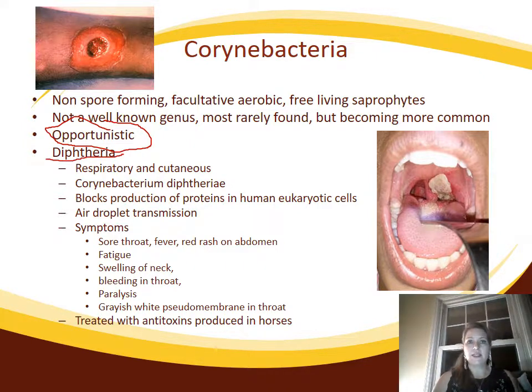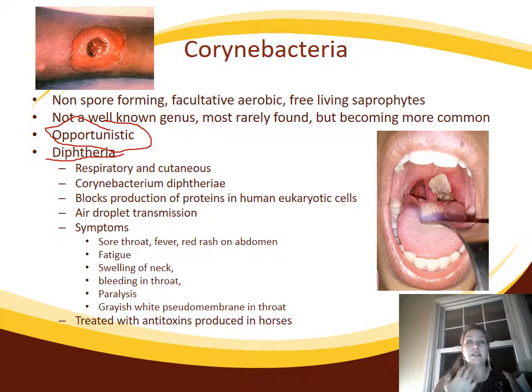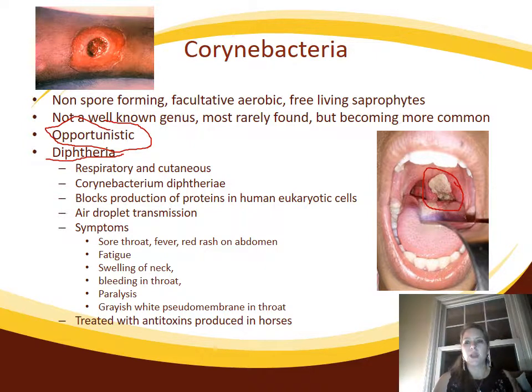And what diphtheria is, it's respiratory and cutaneous, blocks the production of proteins in human eukaryotic cells, and it's spread through droplet transmission. Symptoms are going to be sore throat, fever, red rash on abdomen, fatigue, swelling of neck, bleeding of throat, paralysis. And you get this grayish white pseudomembrane in the throat.